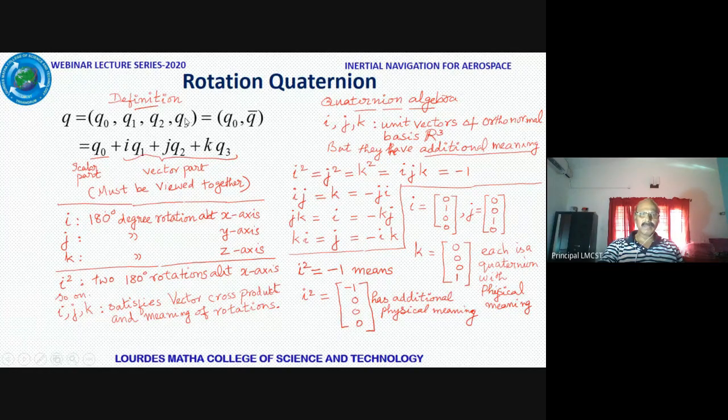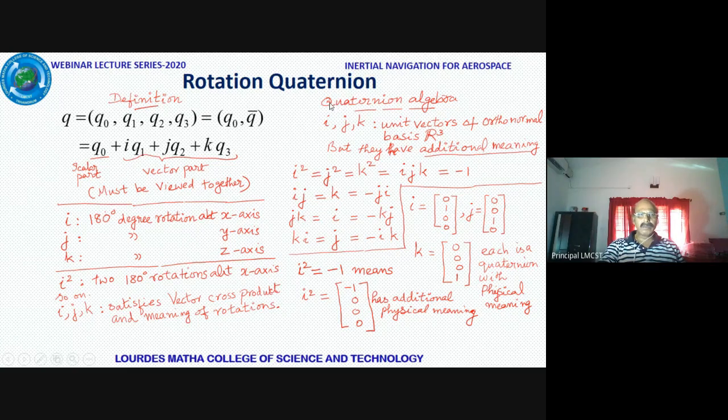But in our coordinate transformation, we are interested in rotation. And there it is one of the supreme tools, using its beauty for computation of rotations and coordinate transformations. When we adopt it, how we adapt it, I will tell you. That is why we are calling it the rotation quaternion here.